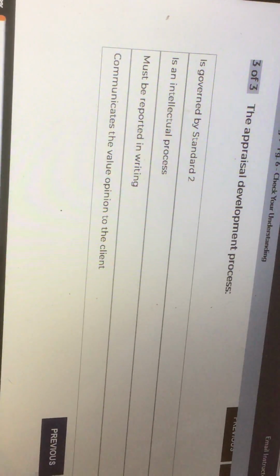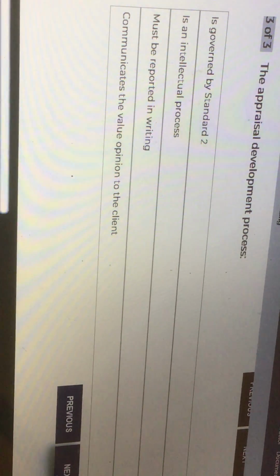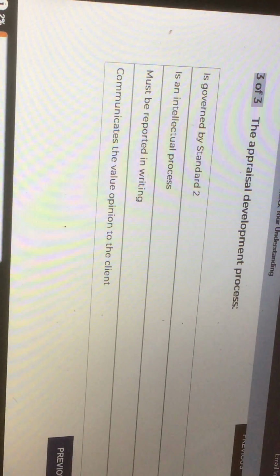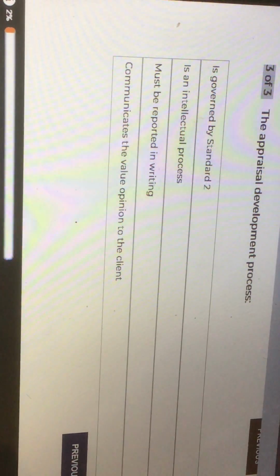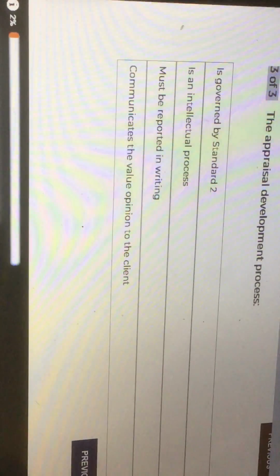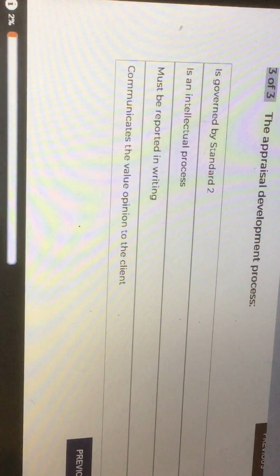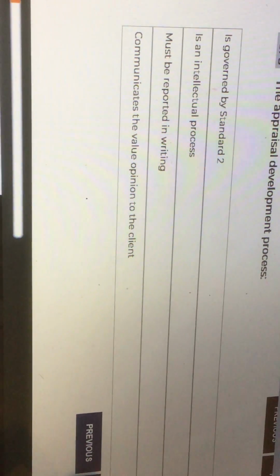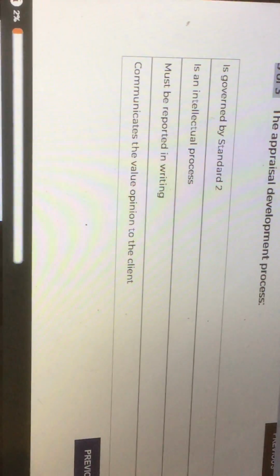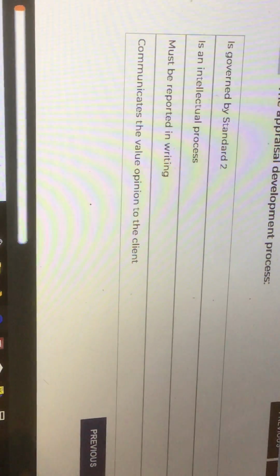Question 3 of 3. The appraisal development process is governed by Standard 2, is an intellectual process, must be reported in writing, communicates the value opinion to the client.